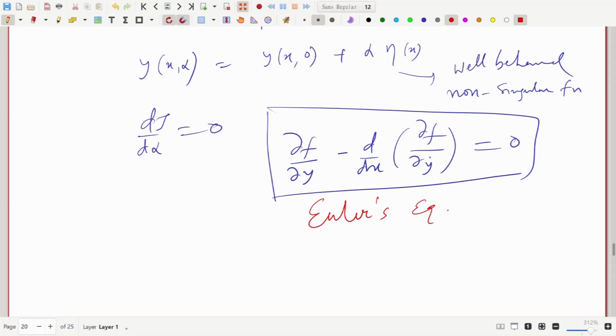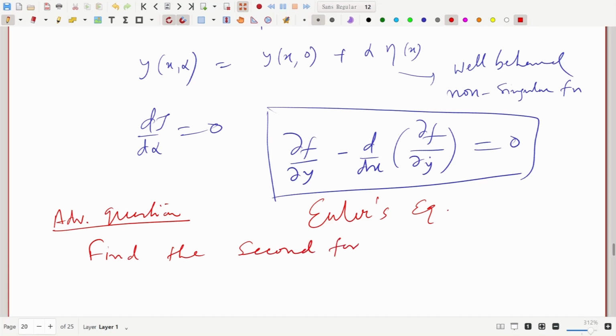For advanced study, I give you a homework: find the second form of Euler's equation.